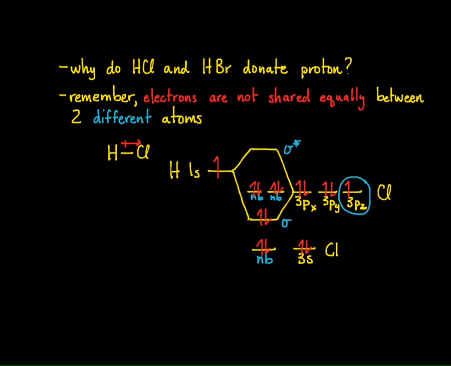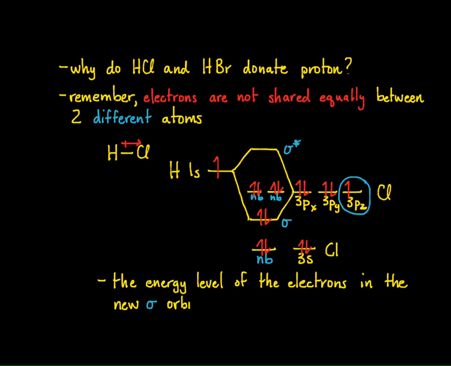Now, another important facet to understand about this new molecular orbital is that the energy level of the electrons in our new sigma orbital is actually closer to the energy of the chlorine atom itself upon mixing. What this means is that there is more electron density that resides on the chlorine, which we already know based on what we learn in general chemistry about electronegativity differences.